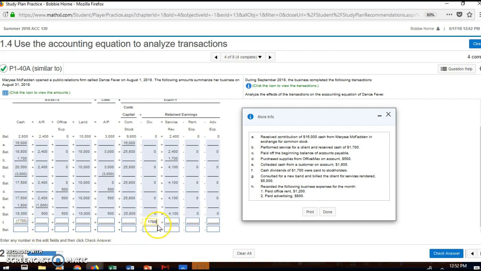Okay, remember dividends are leaving the company, so equity is decreasing, but the actual dividends amount is 1,700. So 13 minus 7 would be 6, and 8 minus 1 would be 7, so 17,600.